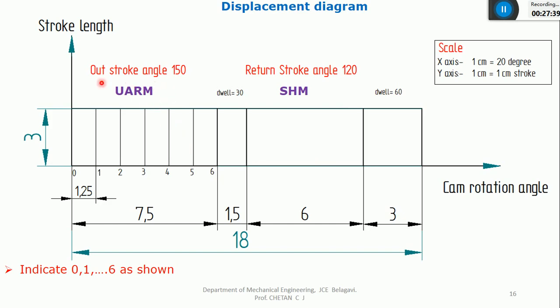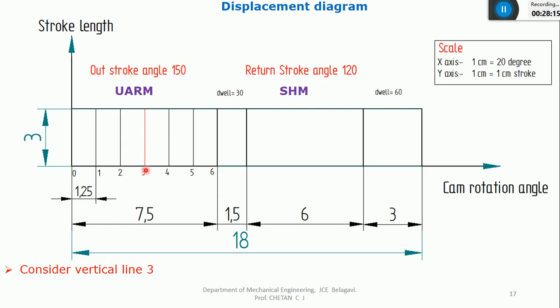And you know the method to draw the displacement diagram when the motion is uniform acceleration and retardation motion. Since the outstroke means the follower will be rising, the curve will be in upward direction. Before that, I'll take the middle line. The method is, out of these 6 lines, the line number 3 is considered the middle line, and divide this into 6 equal parts.